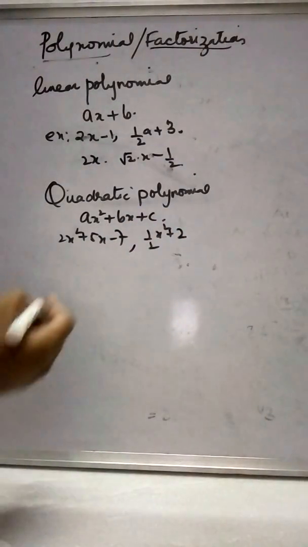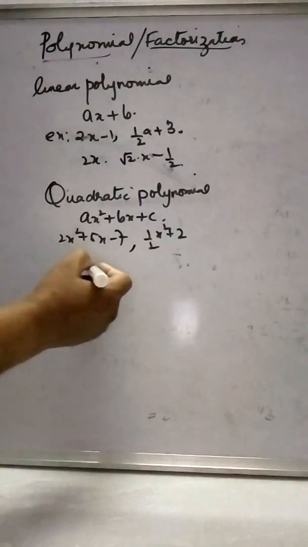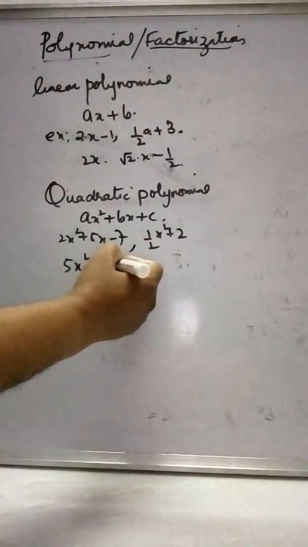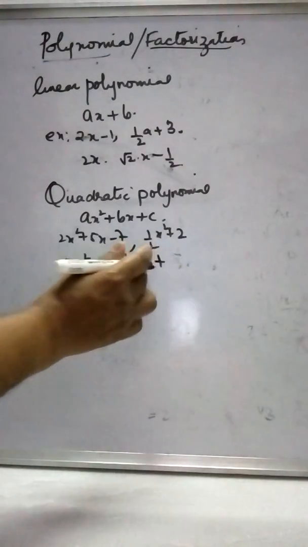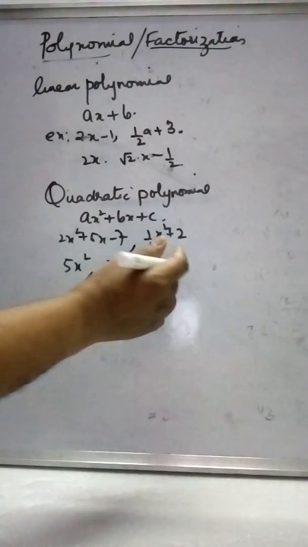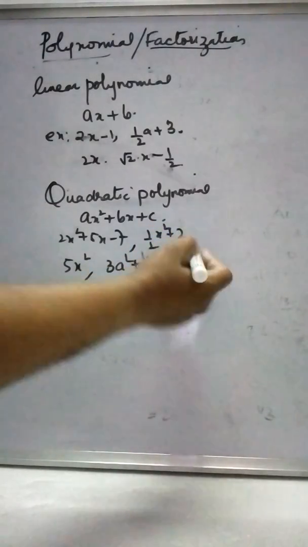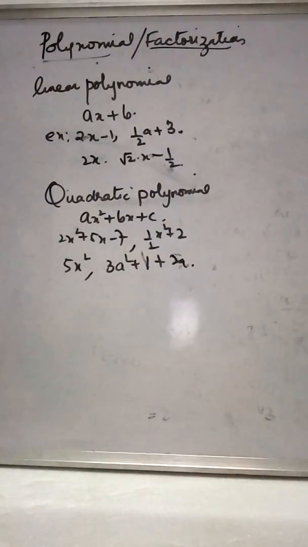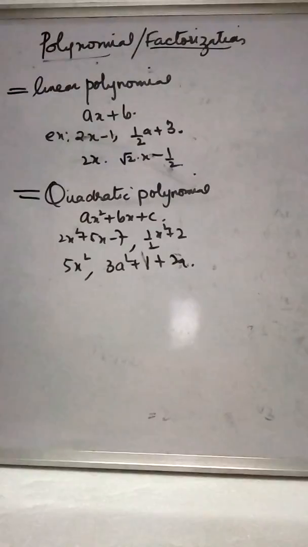This is also a quadratic polynomial. Or 5x square, also a quadratic polynomial. Or 3a square plus 1 plus 2a. These are all different types of quadratic polynomial.